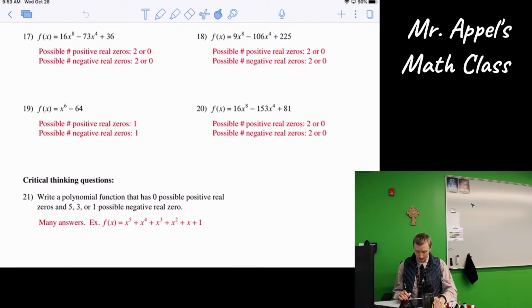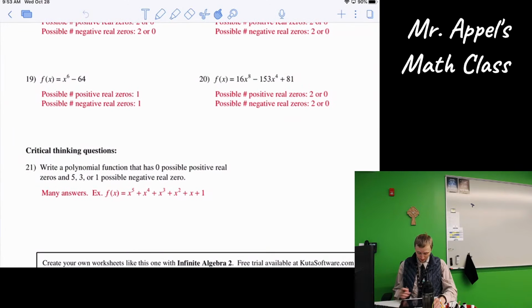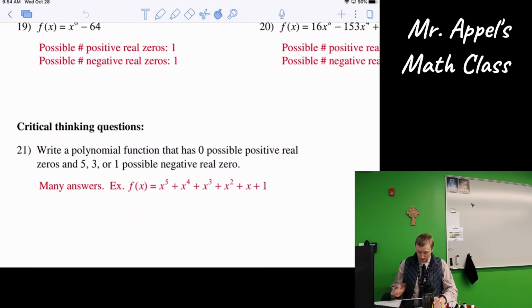Right, and then that last question, that critical thinking bit, something that has 0 positive real roots. So by default, your function should have all of the same sign on front, right? And then when you're looking for negative roots, you need enough odd powers that will switch.